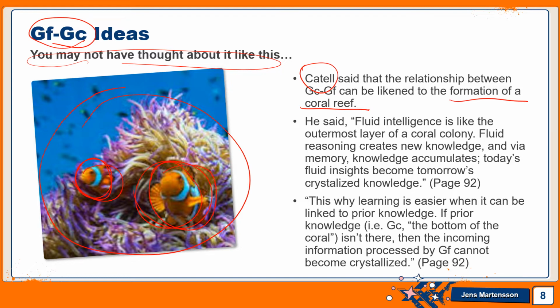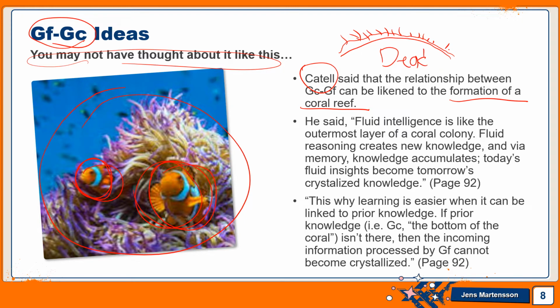If you don't know how a coral reef works, there are two layers. Here you have the lower bottom part and then a very thin layer on the top. The thin layer is the live part where all things are, and the lower part is the dead part.